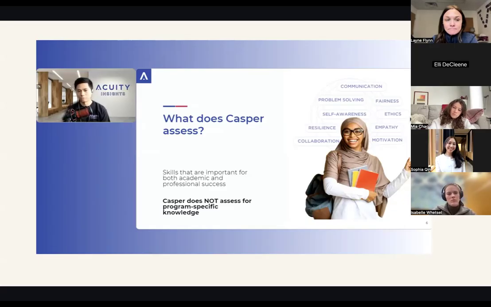They're all supposed to be hypothetical scenarios that could happen to anyone, which is why there are also no single correct answers to the scenarios and questions that are presented to you. It's quite open-ended. While the content of each Casper test is unique, the scenarios themselves are carefully selected to ensure that each of those aspects listed on that slide are included.